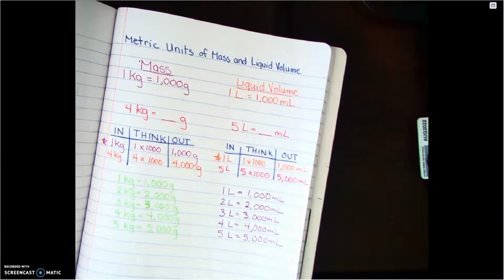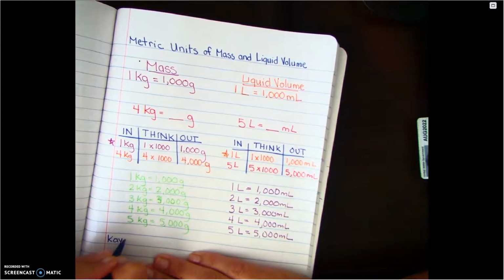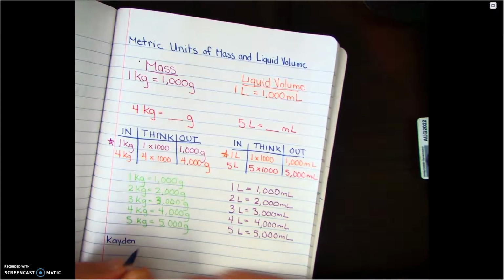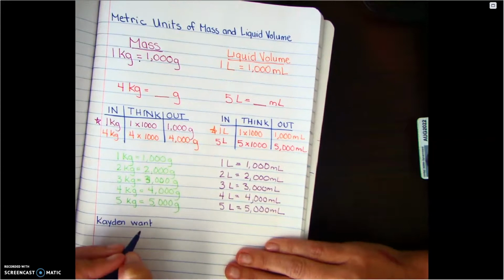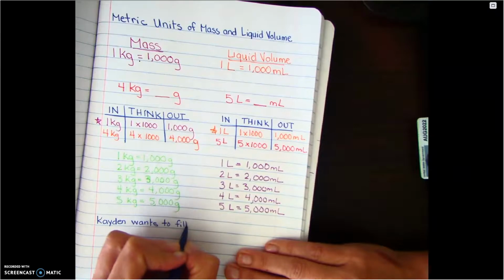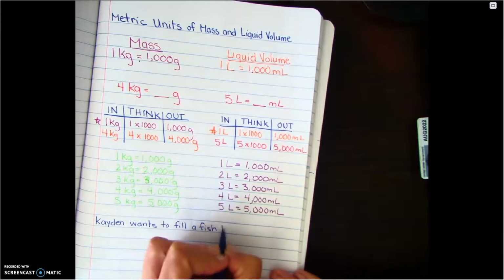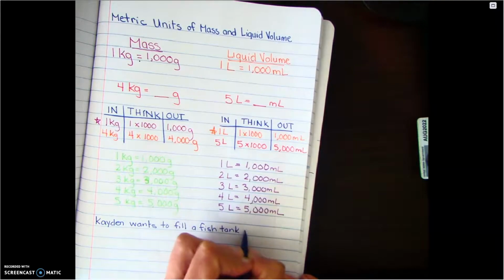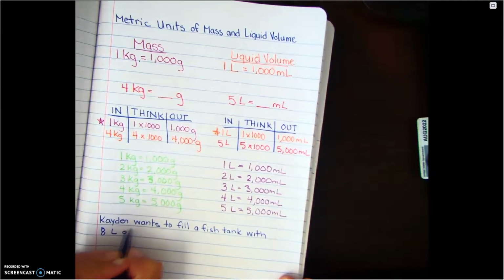So we're going to do a story problem. And I'm going to go ahead and write it out. And I'm going to show you how it works in here. I'm going to say Caden wants to fill a fish tank with 8 liters of water.